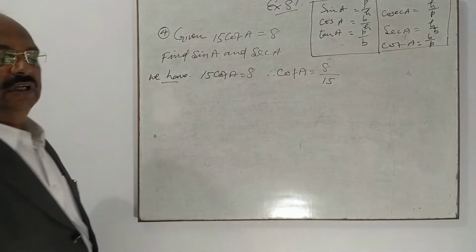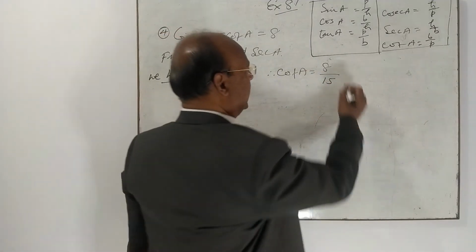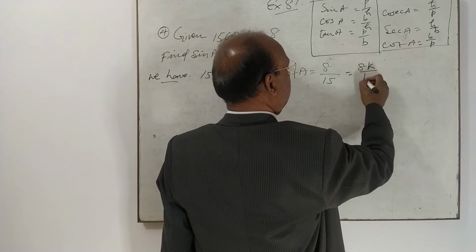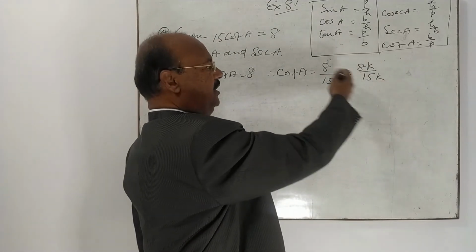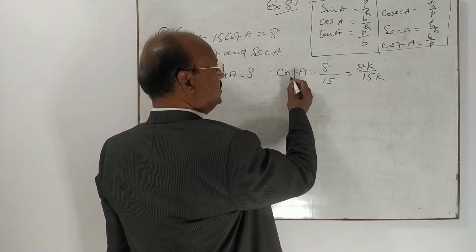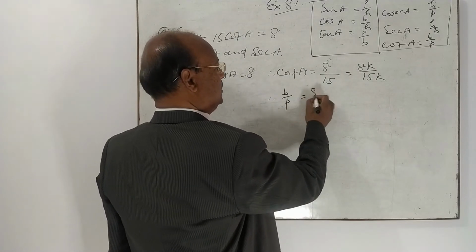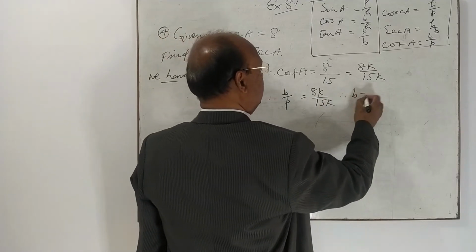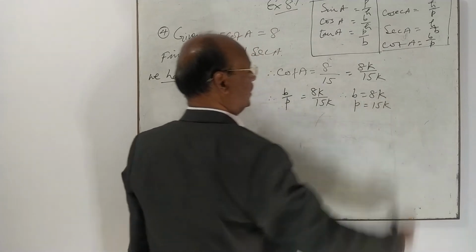And as I told you in the previous question, this is simply a ratio. So you can write here 8k by 15k, because if k is cancelled out, ultimately we will get 8 by 15. And you know cot is base by perpendicular, which is 8k by 15k, and therefore here B is equal to 8k and P is equal to 15k.